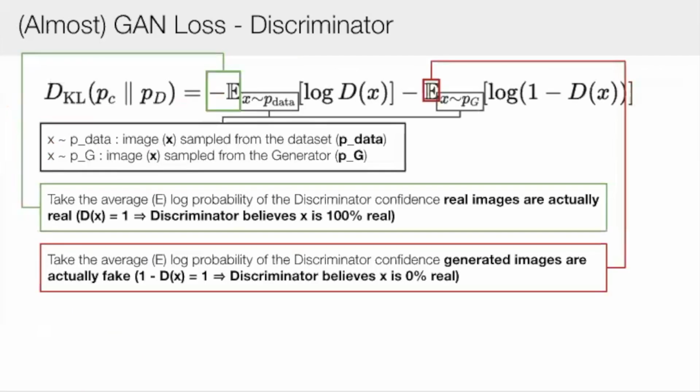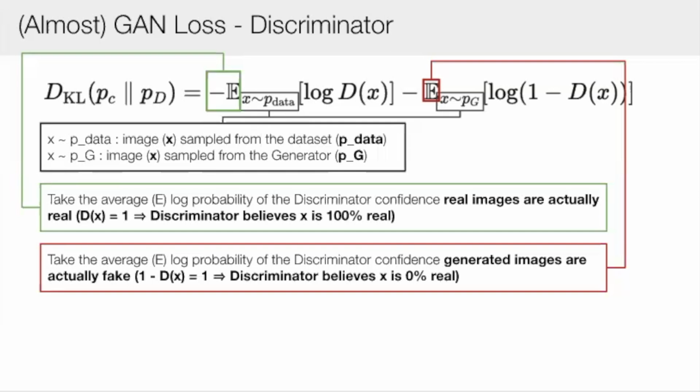Anyway, why is this significant? Why do we care? Remember, the discriminator wants to get really good at classifying images from the dataset correctly. If we minimize the average of its log confidences, so minus the average of all our log probabilities, that means we're maximizing the average of our probabilities.